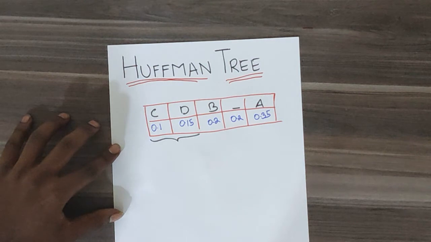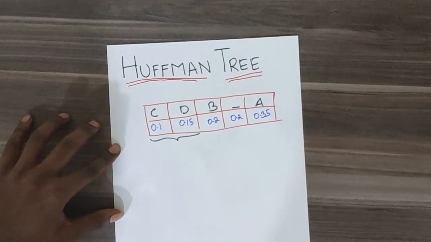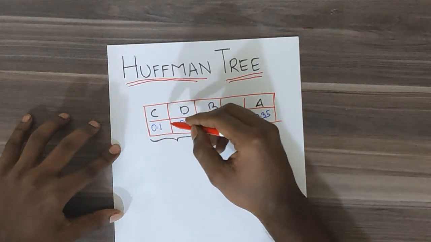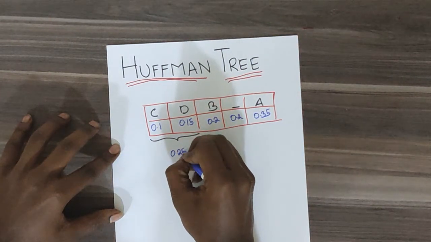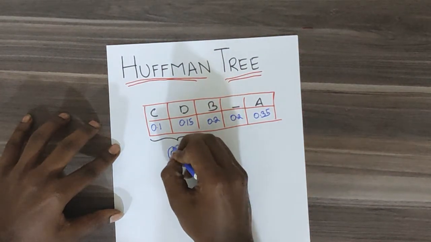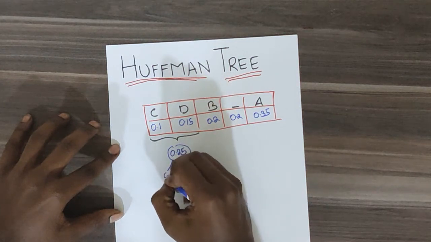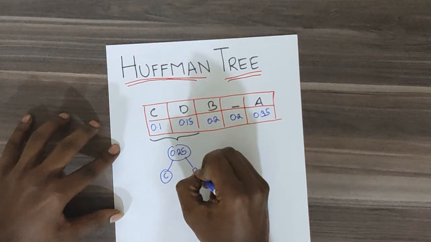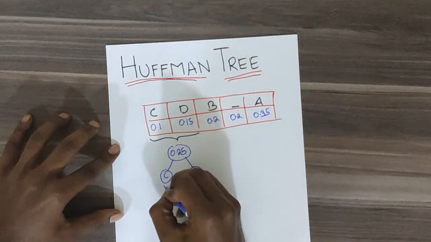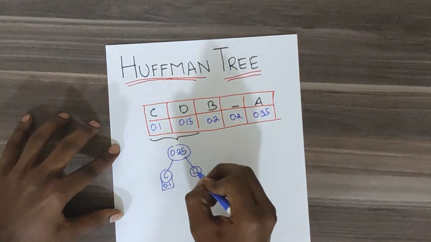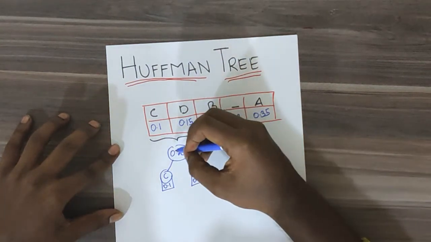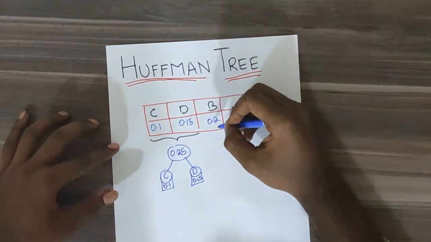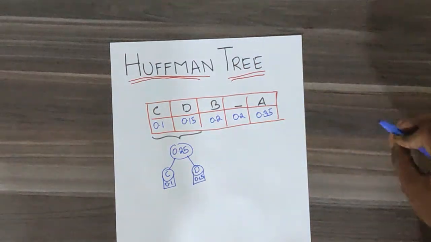That gives a frequency of 0.1 plus 0.15, which is 0.25, with C on one side and D on the other, having frequencies 0.1 and 0.15. So these two together have frequency 0.25.